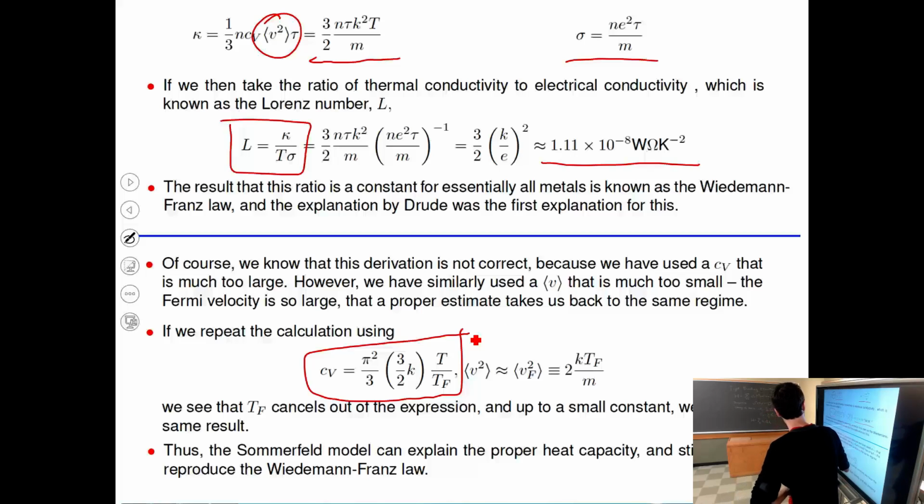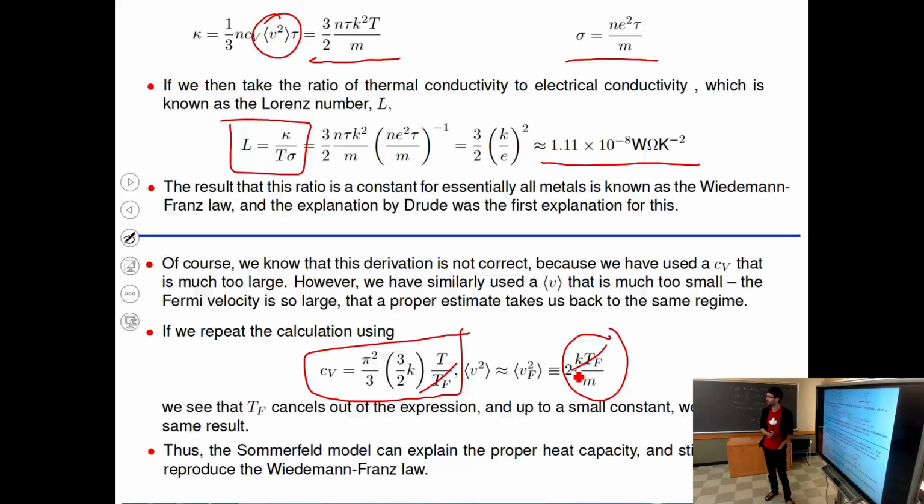And so now, instead of being 3/2 kT, there is this T divided by T_F term. However, v squared, which we also have to put in here, is proportional to T_F. So here we have T_F in the denominator and T_F in the numerator. And those two T_F cancel out.